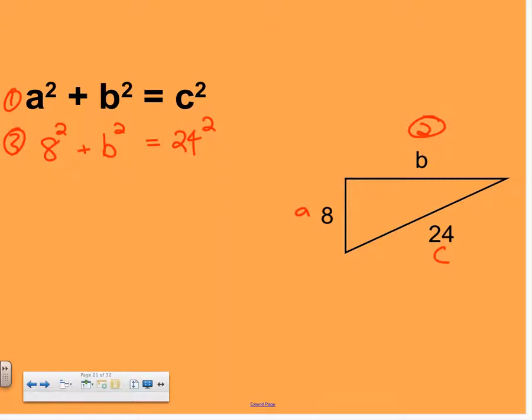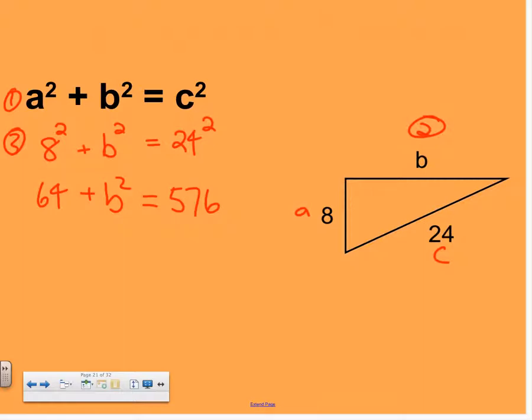Now we solve. 8 times 8, or 8 squared, is 64, plus B squared equals, what's 24 squared? Well, 24 times 24 equals 576. So this is where it is slightly different.